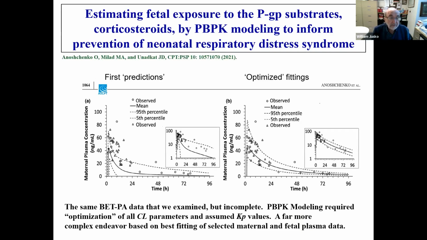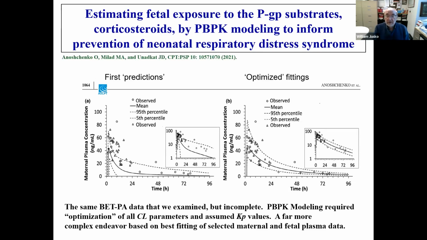They examine the same beta phosphate acetate data that we examine, and that's essentially the triangles, the curves on the left. And when they first made predictions, the data were under-predicted. So what was needed was to optimize the fittings. So they changed their parameters to fit their data. And that's shown on the right.